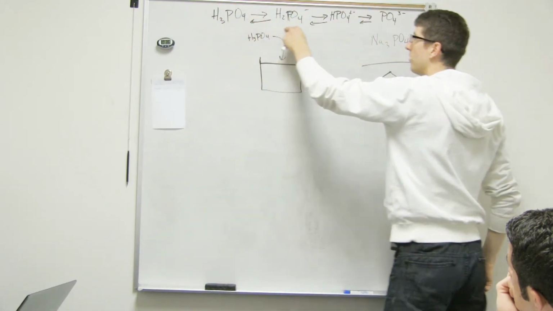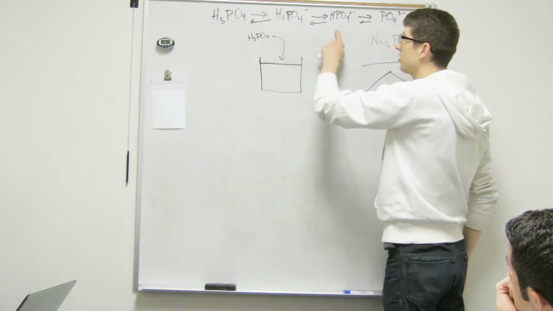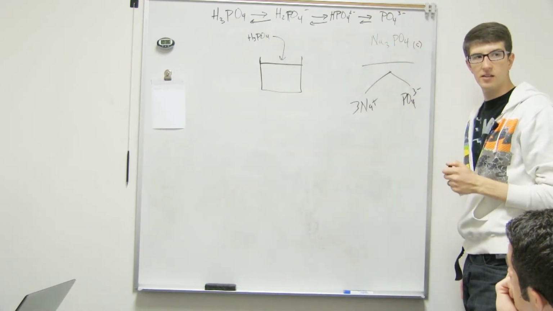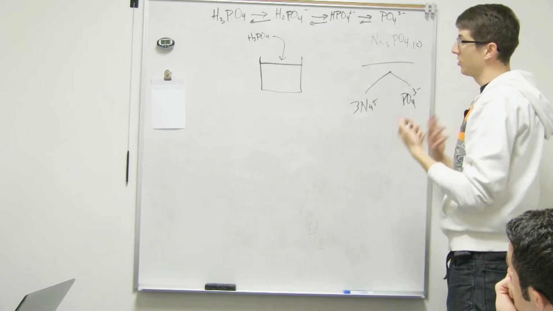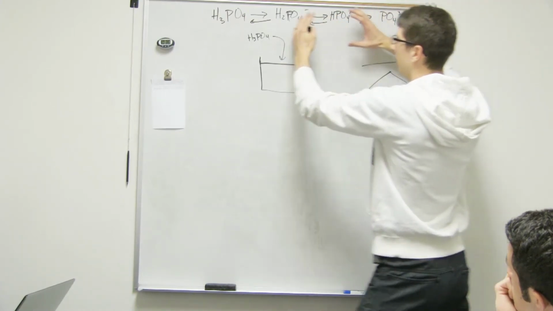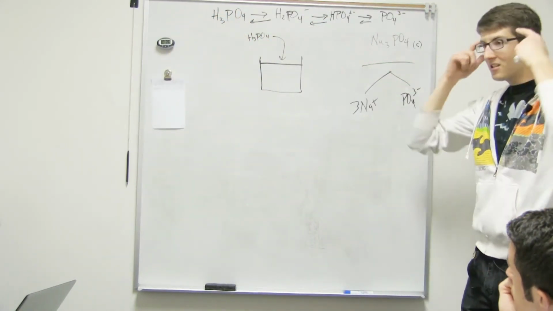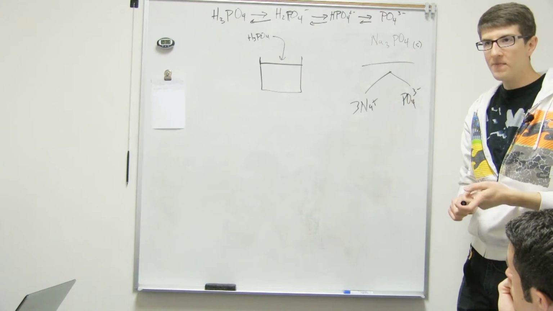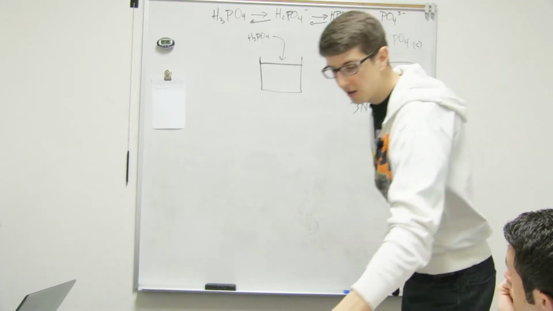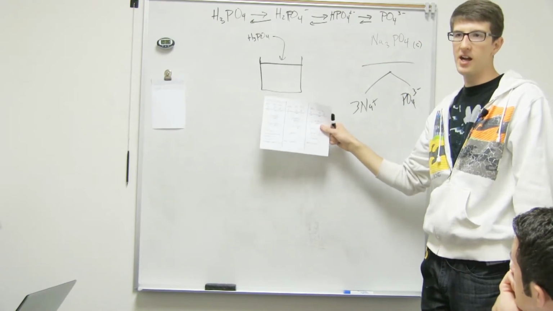As it keeps going this way, the concentration keeps going down and down because of how much it doesn't want to let go of that H. And I would assume it would be the same the other way. If you stuck this in first, you'll have more of these than these, right? Okay, that's conceptually it.